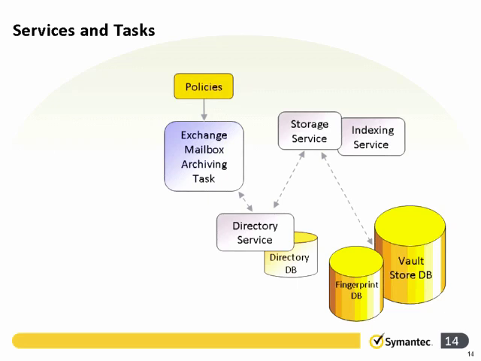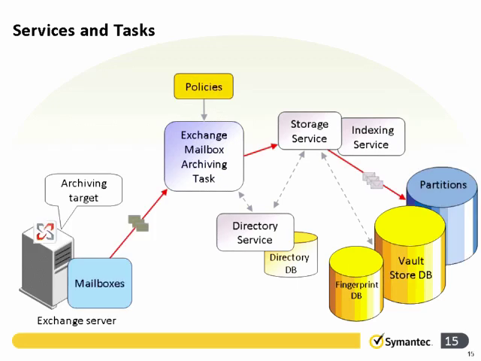And part of that is going to be the provisioning task as well, which we'll discuss in the next lesson. So here we're just trying to show you that the policies are associated with the Exchange mailbox archiving task. Then we need to get into the actual process of archiving the items that were on the Exchange server.